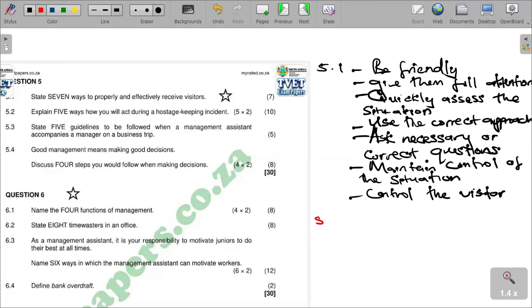5.2. Explain 5 ways how you act during a hostage keeping incident. Right. You're supposed to stay calm.